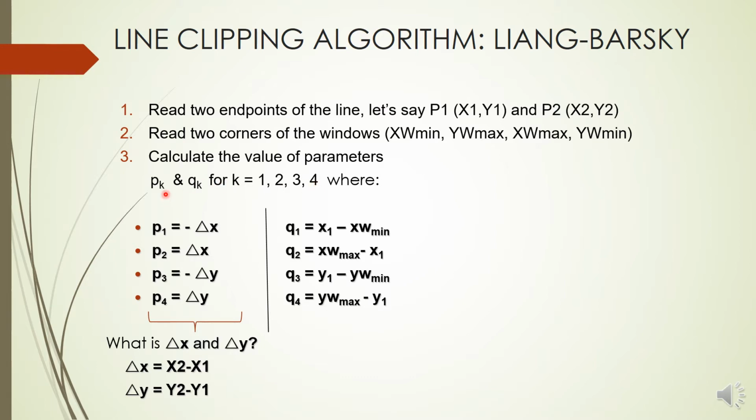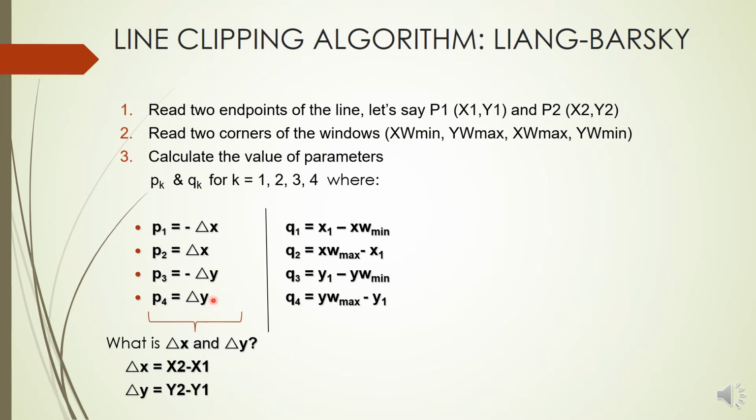For pk we have P1, P2, P3, P4, and for q we also have Q1, Q2, Q3, Q4. For the parameters of P, remember that P1 is equal to negative delta x, P2 equals delta x, P3 is negative delta y, and P4 is delta y.